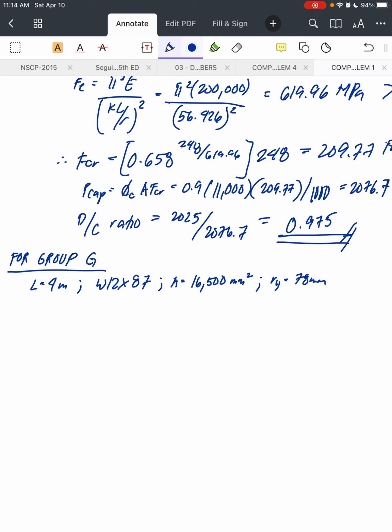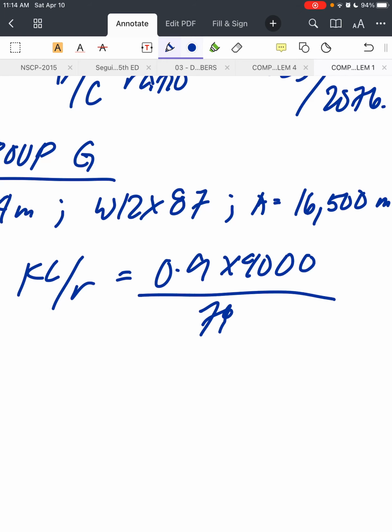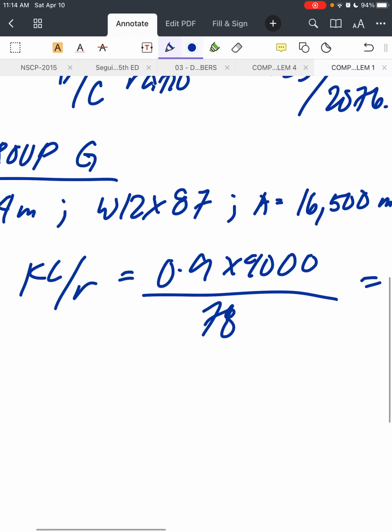So your KL over r is equal to 0.9 times 4,000 over 78. So that is equal to 46.154.